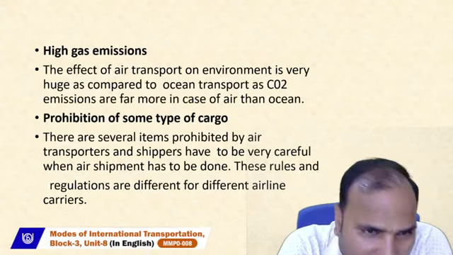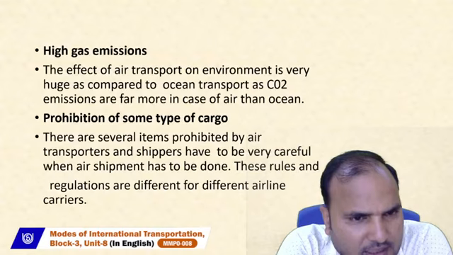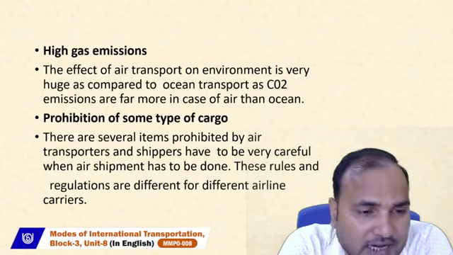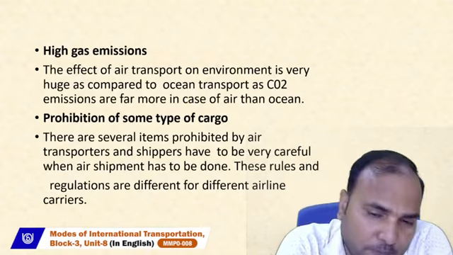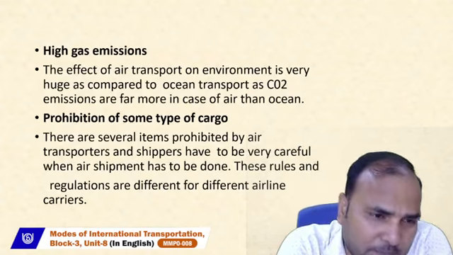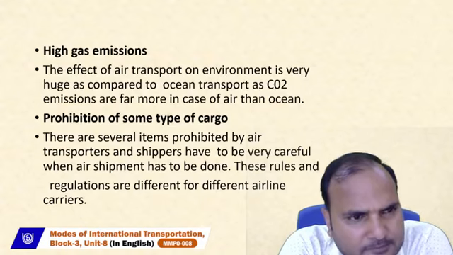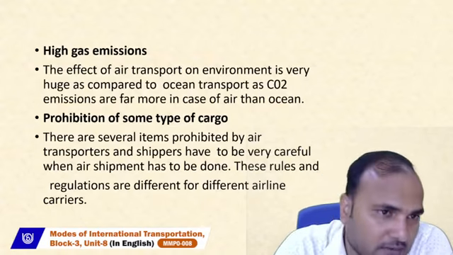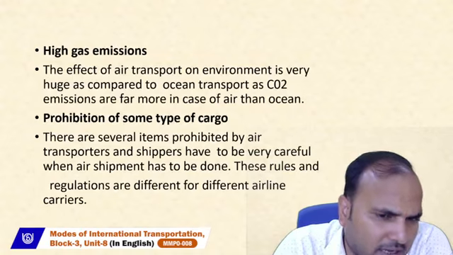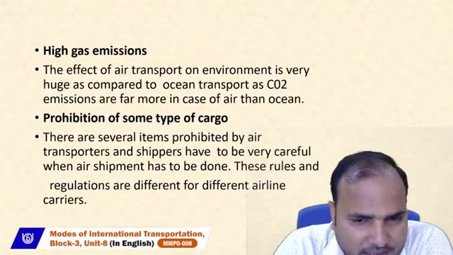Next disadvantage is prohibition of some types of cargo. There are several items prohibited by air transport, and shippers have to be very careful when an air shipment has to be done. These rules and regulations are different for different airline carriers. And for your information, air cargo is very expensive, and there are some prohibitions.